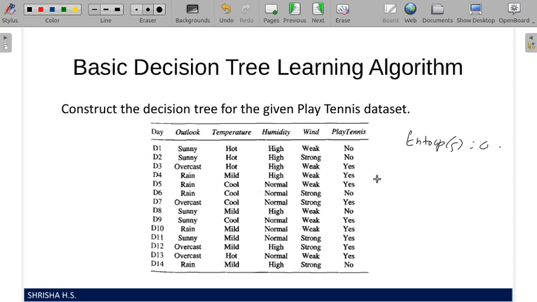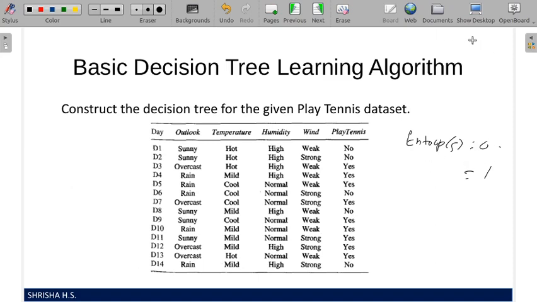If there are equal numbers of positive and negative examples, entropy of S is 1. If all the instances we consider have the same classification, only yes or only no, entropy is 0.